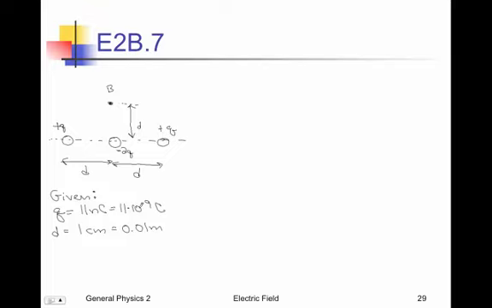So we want to find the magnitude and direction of the electric field vector at B, so at this point right here. The first thing we're going to do is use equation E2-9B.